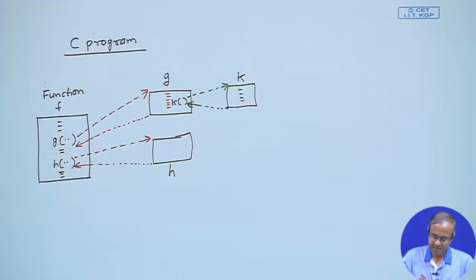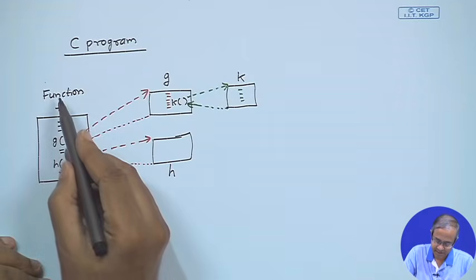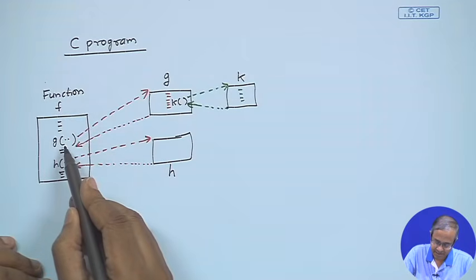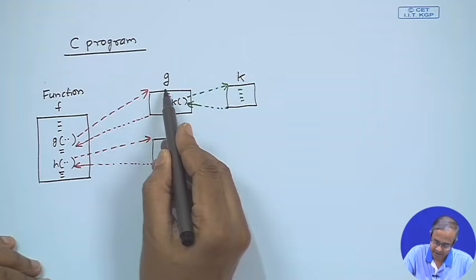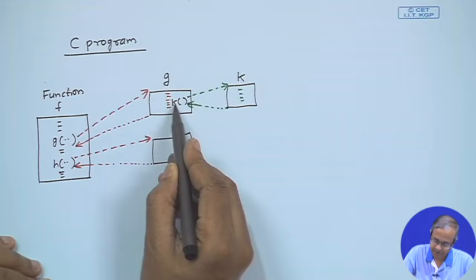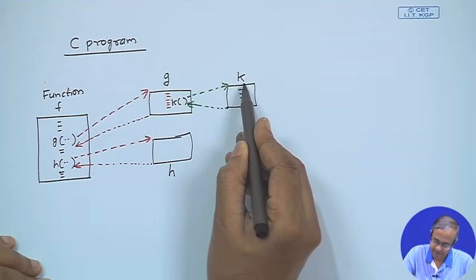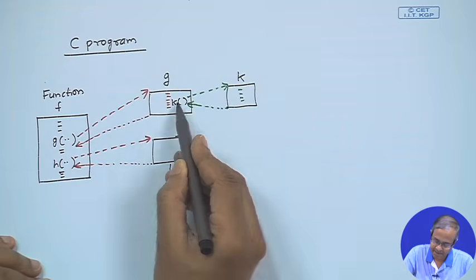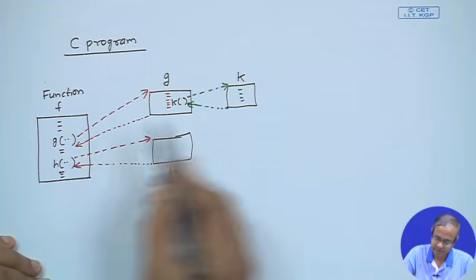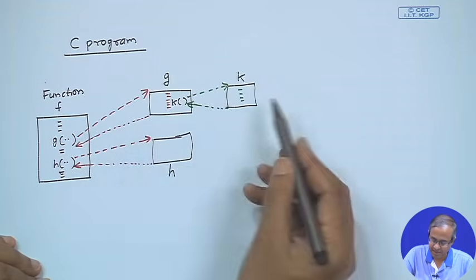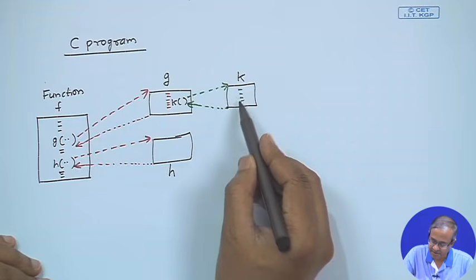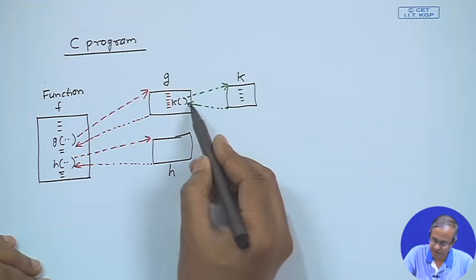If you look at the thread of execution, during execution you encounter g, you go to g, you execute, encounter k, you go to k, finish it, then come back, then come back. So, this is like last in first out: the last function to be called will be the first one to return.